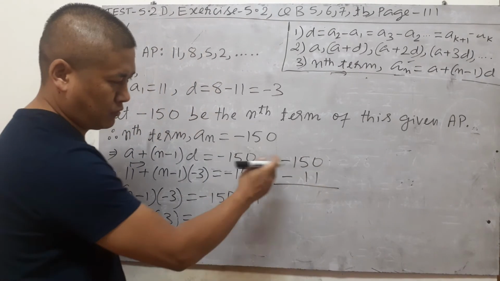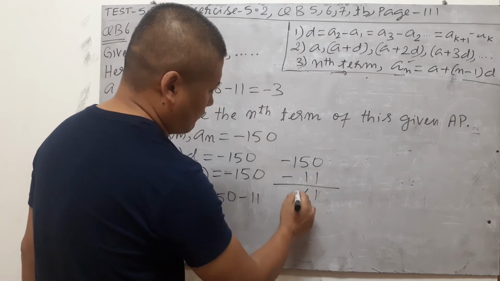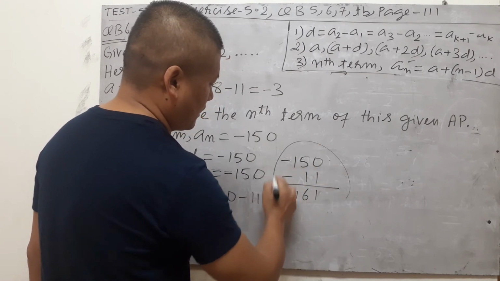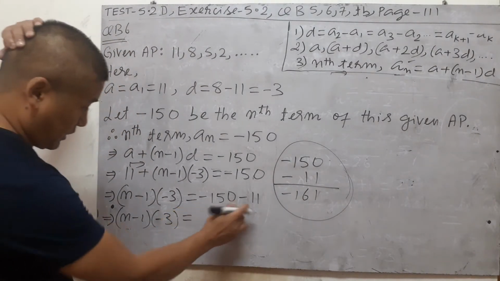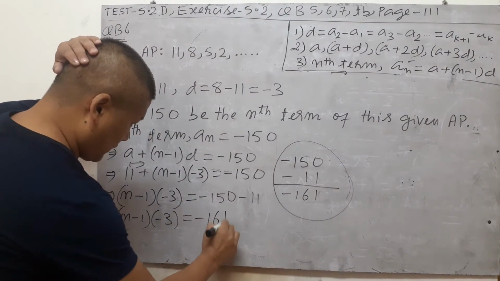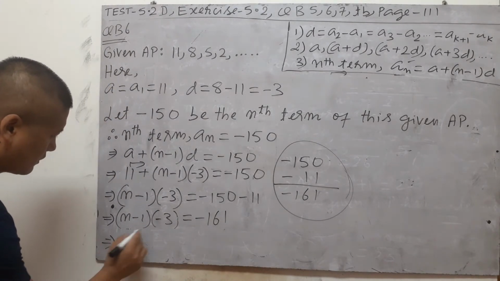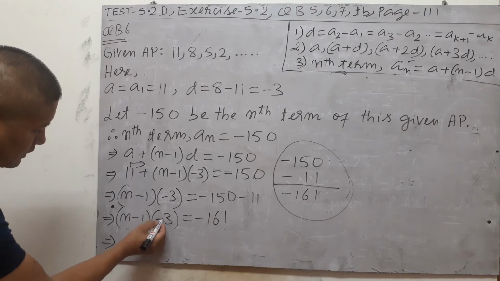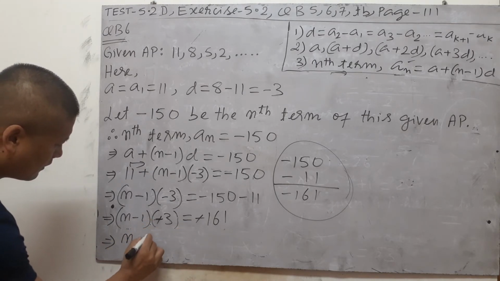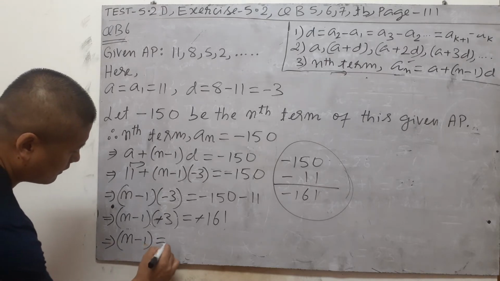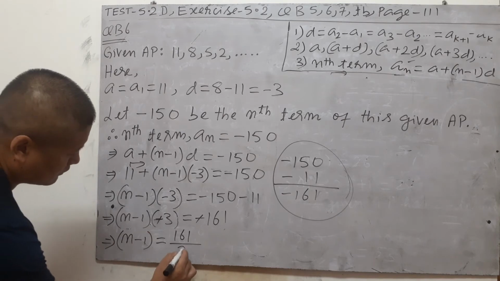Because both are minus, 1 plus 0 is 1, 5 plus 1 is 6, and here 1, so the answer 161 also has a minus sign. So these two combined give minus 161. Then this minus can cancel this minus, so n minus 1 can be written as 161 divided by 3.